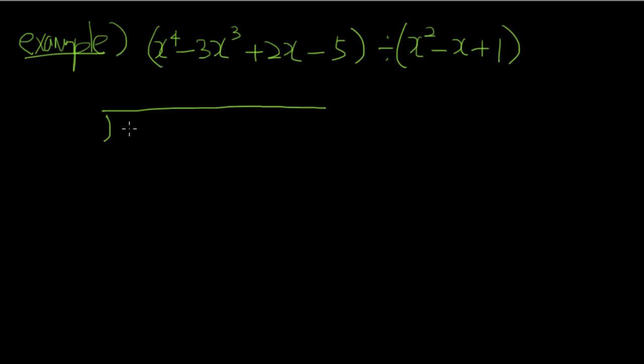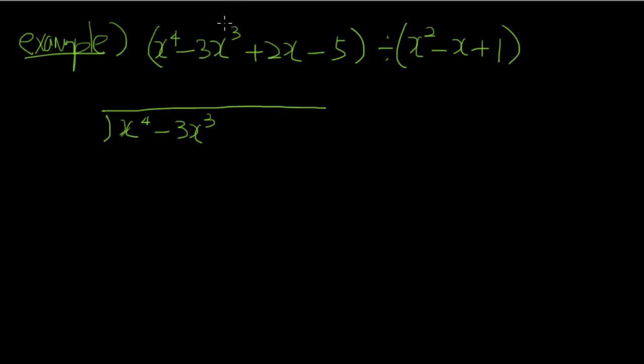So x to the fourth plus negative 3x to the cube. Now, we're supposed to have an x squared term, which we are going to put here, but as we can see, we do not have an x squared term.